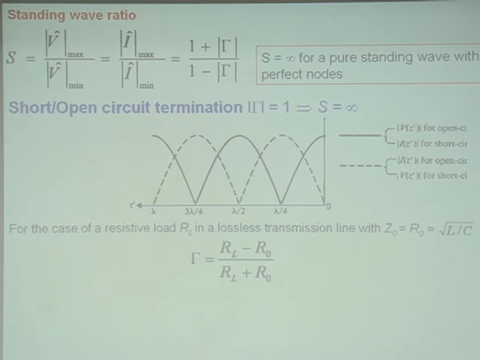OK. Now for resistive load, it's particularly simple because there's no complex number, 没有复数在里头了。所以呢，我们来看一下，if this load resistance is larger than the characteristic resistance, then gamma is a positive value. Okay, gamma is a positive value.